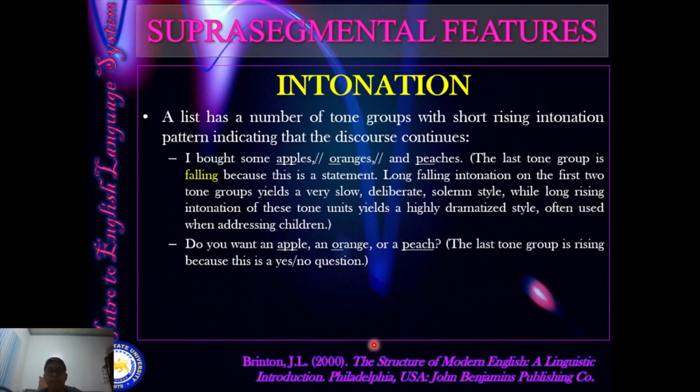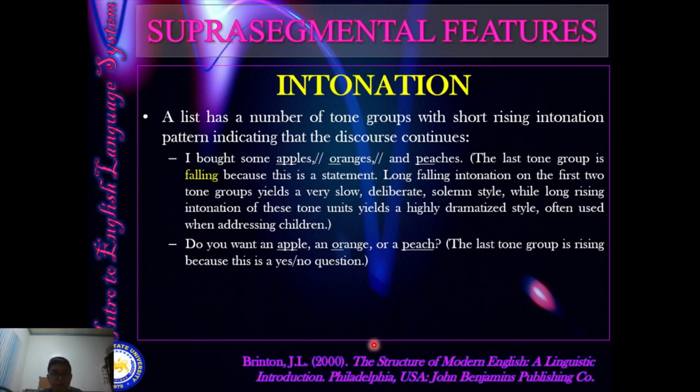A list, now for enumeration class, is a number of tone groups with short rising intonation pattern indicating that the discourse continues. I bought some apples, oranges, and peaches. The last tone group is falling because this is a statement. Long falling intonation in the first two tone groups yields a very slow, deliberate, solemn style.